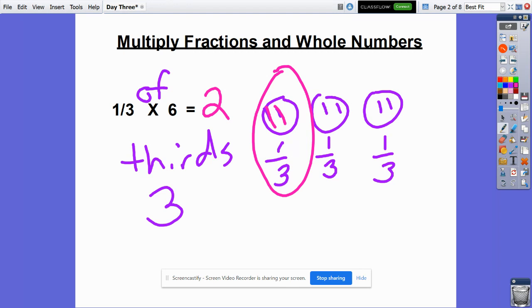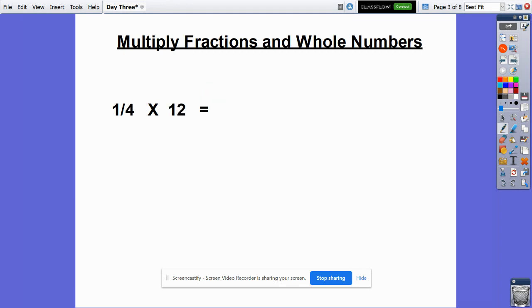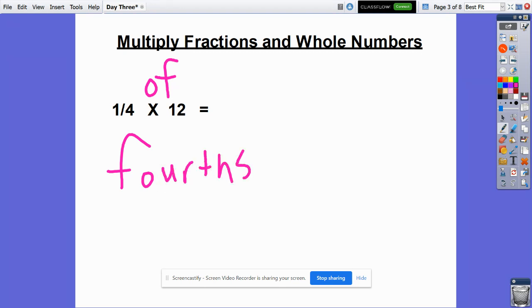Let's try another example. 1/4 of 12. I want to take my 12 and split it into fourths. If I'm splitting into fourths, how many equal pieces do I need? I need 4 equal pieces.